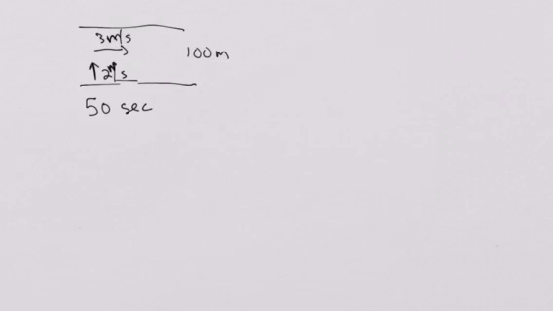It's going to take her 50 seconds to get across the river, and every second she's going 3 meters to the right. So in 50 seconds she's going 50 times 3 meters to the right equals 150 meters. That's our answer to that question.